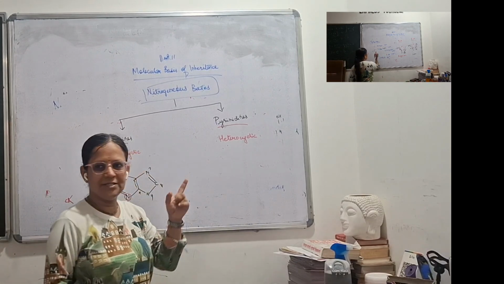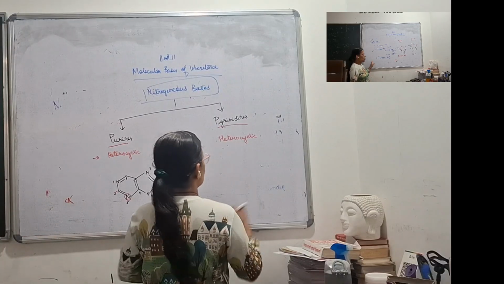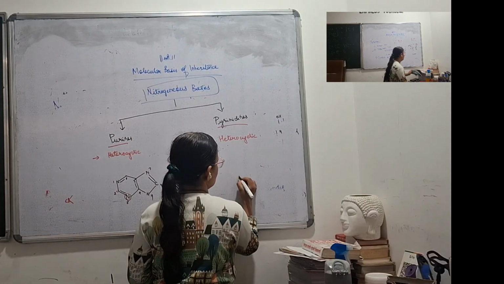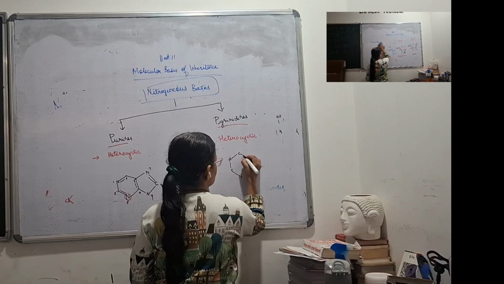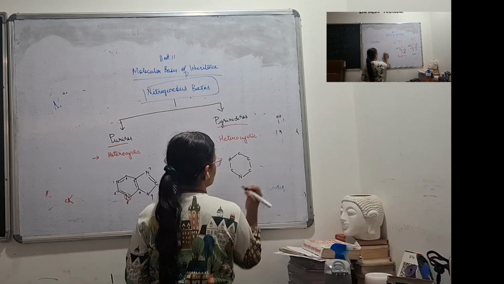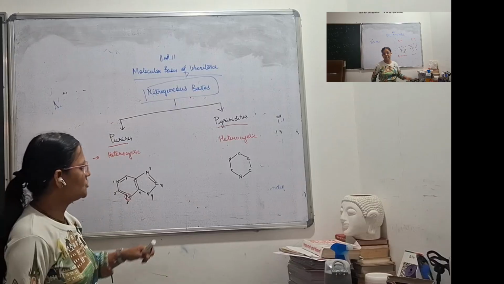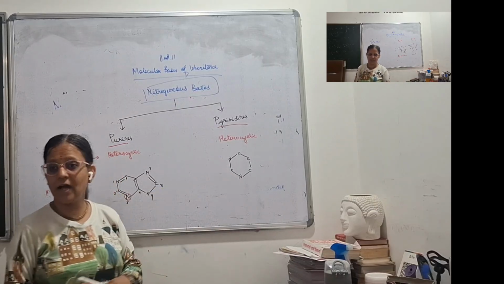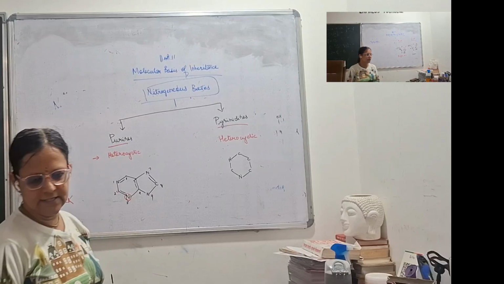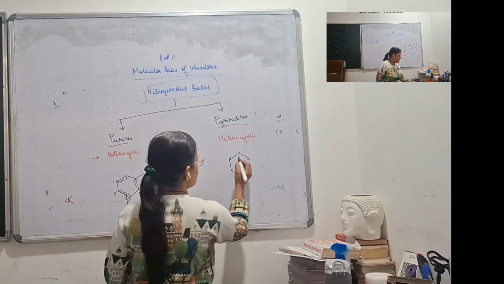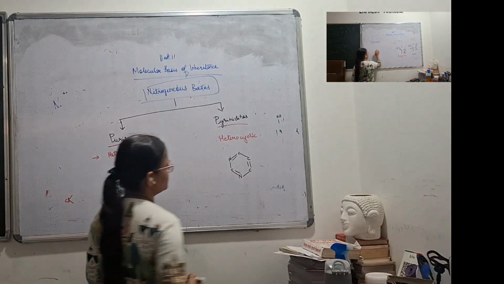Here also I will draw the basic structure of pyrimidine. That is also heterocyclic. How? So here also you find there is nitrogen and carbon inside the chain. So I can even call this heterocyclic, right?